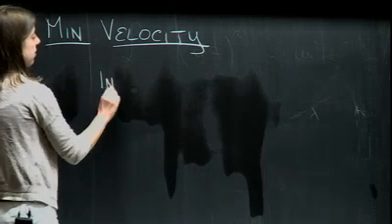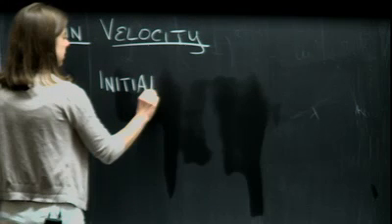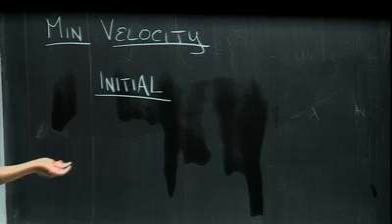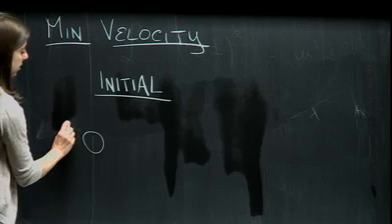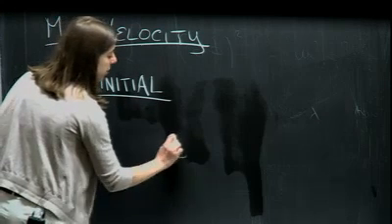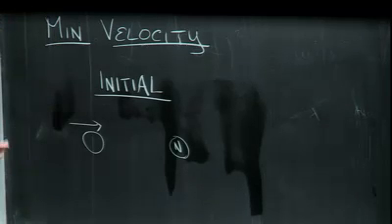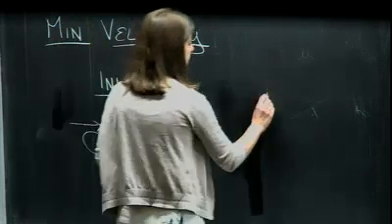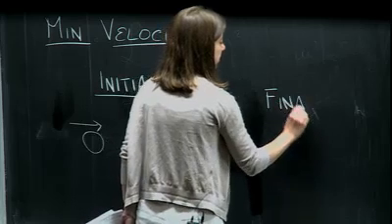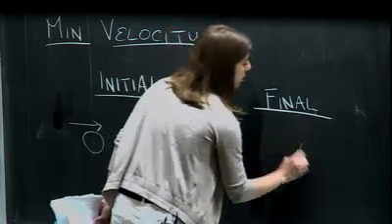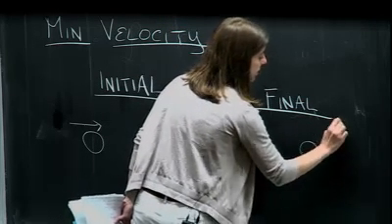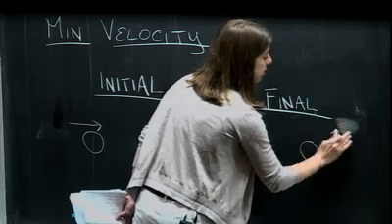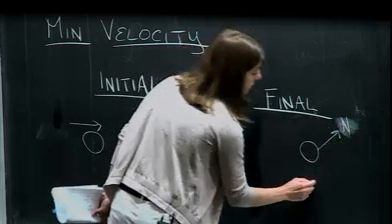So for example, in this case, the initial configuration is I've got my dark matter particle coming in and my nucleus that's just sitting there. It's at rest because it's in the detector. And then in the final configuration, my dark matter comes out, my nucleus comes recoiling out, and here's my dark matter particle.